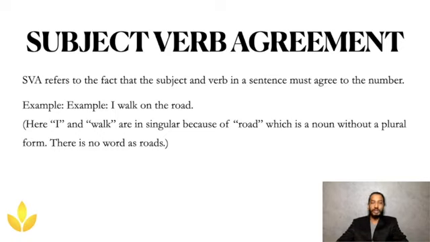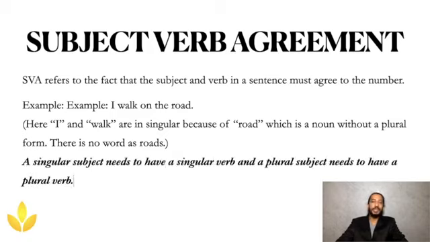So the subject and the verb agree with each other, and to complement it, the verb will be in a similar form. If the subject is singular, the object also tends to be singular, and of course it is connected through a singular form of the verb. A singular subject needs to have a singular verb, and a plural subject needs to have a plural verb, to put it in other words.